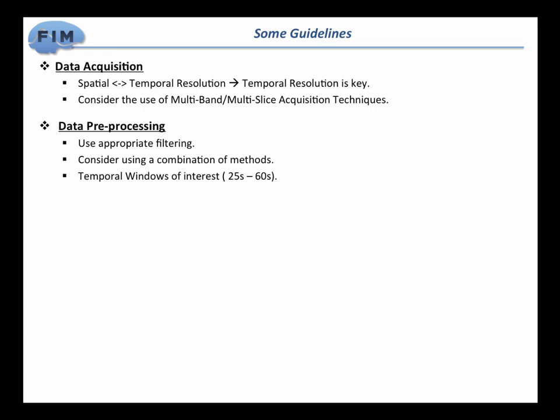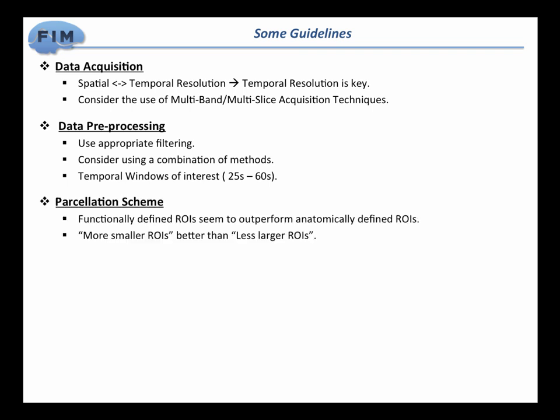In terms of the data preprocessing, I think it's very important to do the appropriate filtering. I would definitely consider using at least 2 methods to look at the data. And in terms of the window duration, should you actually decide to look at these things, there is no magic number, but in the literature, it seems these studies tend to go around 30 to 60-second windows, a window that allows you to capture cognitively meaningful variations in connectivity.